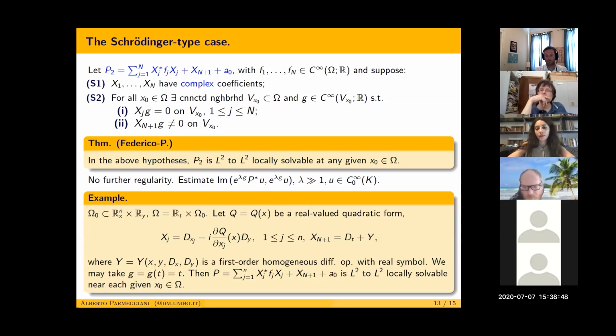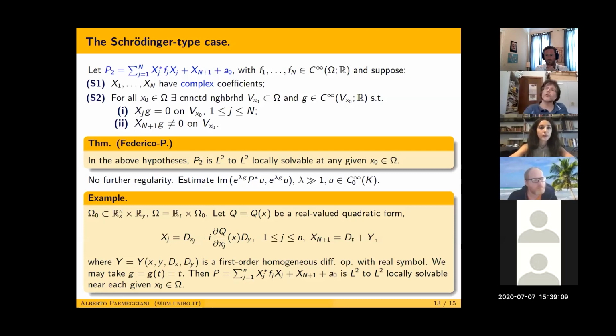So for these operators, we have these results about local solvability. Do you think these results can give us information about the possible local well-posedness of the linear Cauchy problem for these operators?